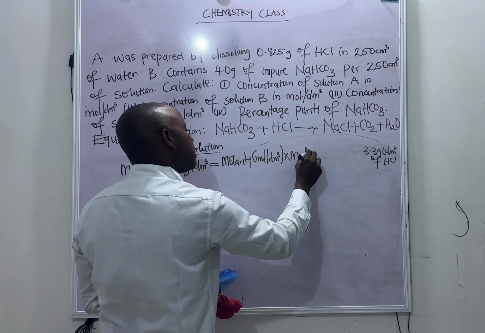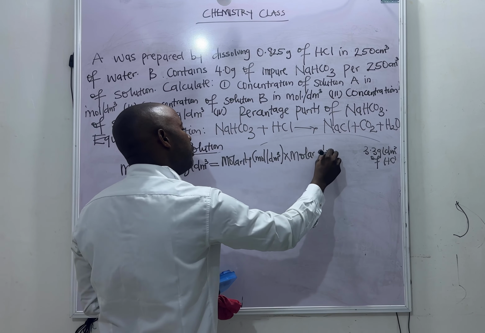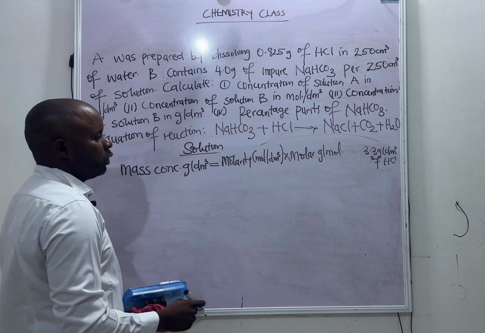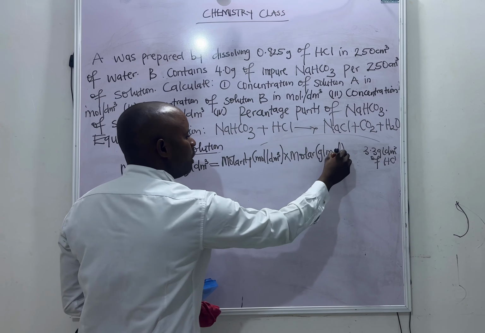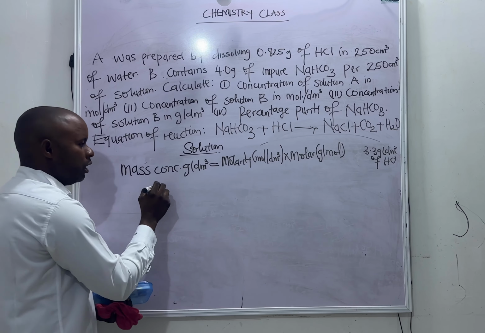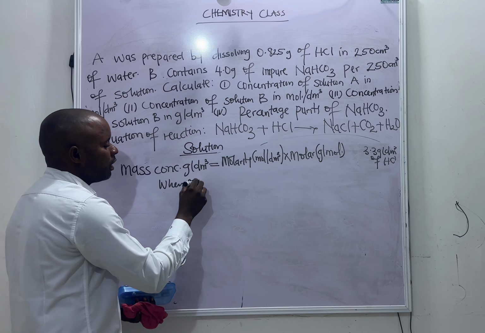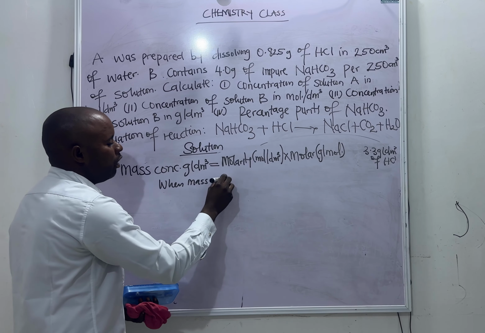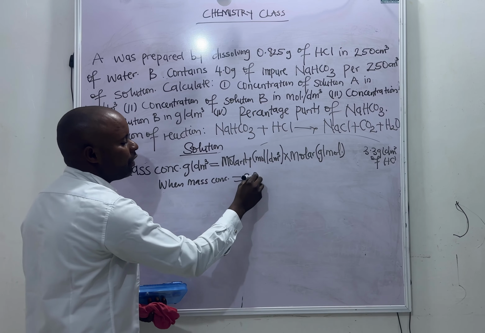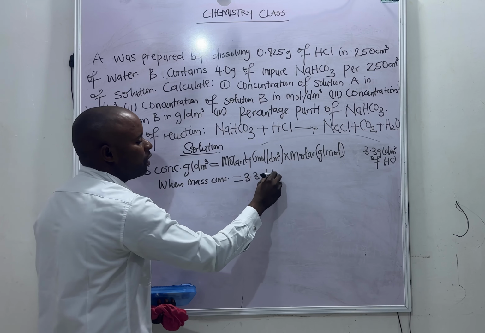Times molar mass. Molar mass is given in gram per mole. So we noted that the mass is equals to 3.3 gram per dm cube.